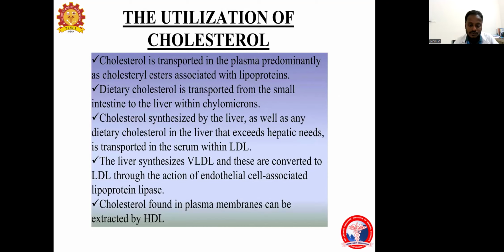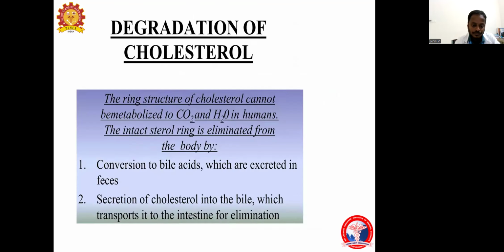The liver synthesizes VLDL, which is converted to LDL by lipoprotein lipase associated with endothelial cells. Cholesterol found in plasma membranes can be extracted by HDL. The ring structure of cholesterol cannot be metabolized to CO2 and H2O in humans. The intact steroid rings are eliminated from the body in two ways: one is conversion to bile acid, and the second is secretion of cholesterol into the bile.